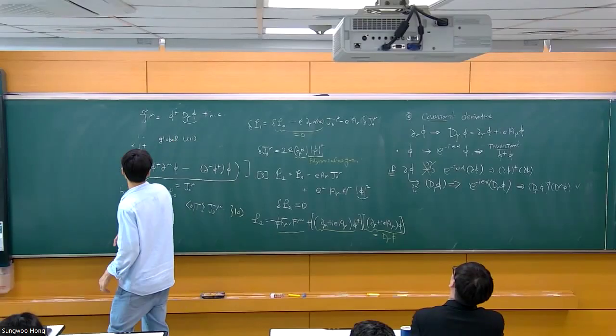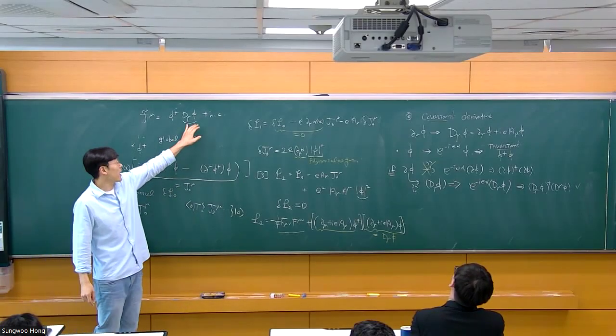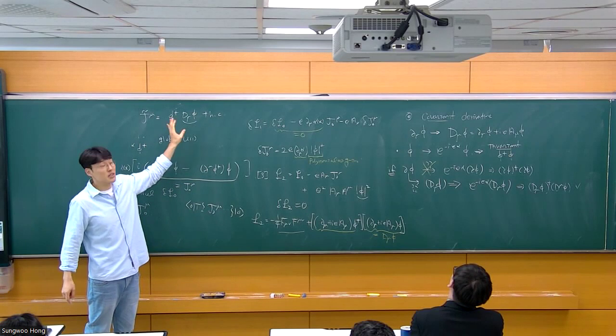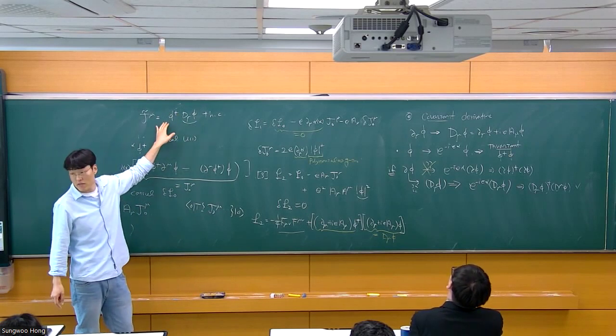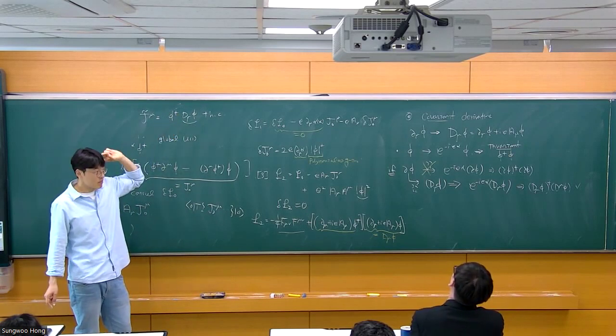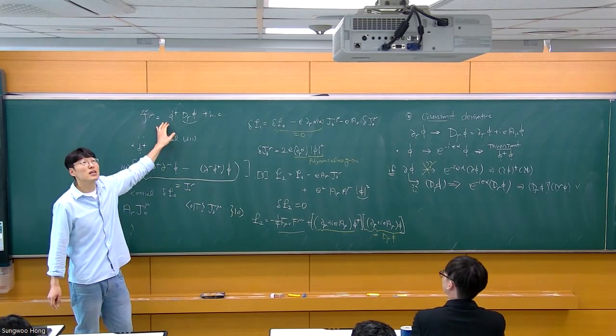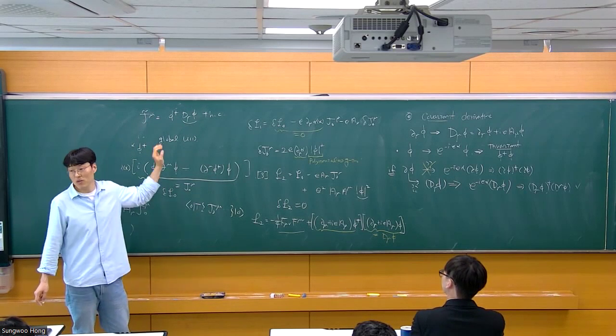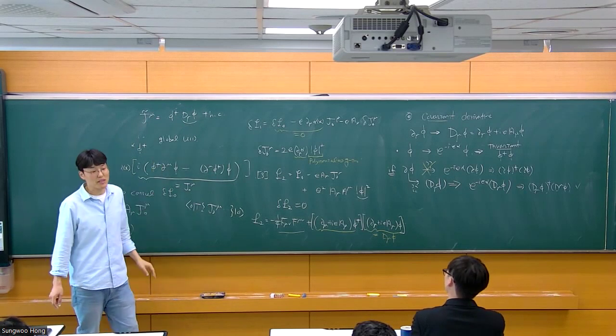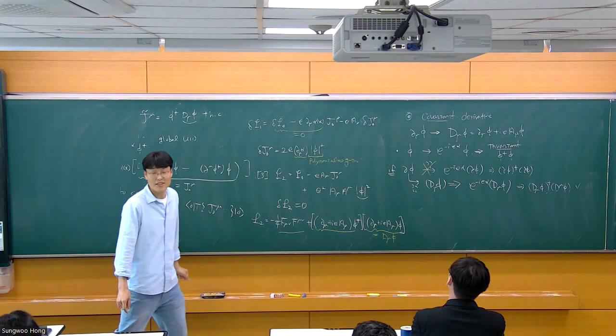But in principle, there can be an observable associated with this. So this may be counting the number of scalar particles. But I don't see any immediate connection between this and the absence of anomaly. But that's a good question.